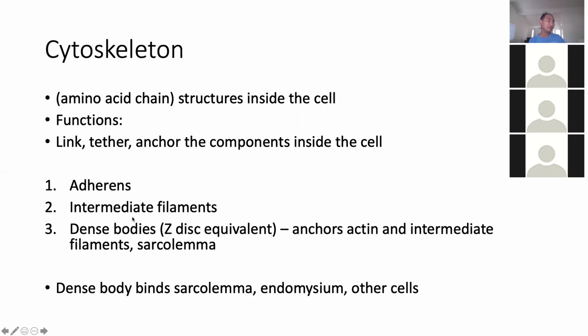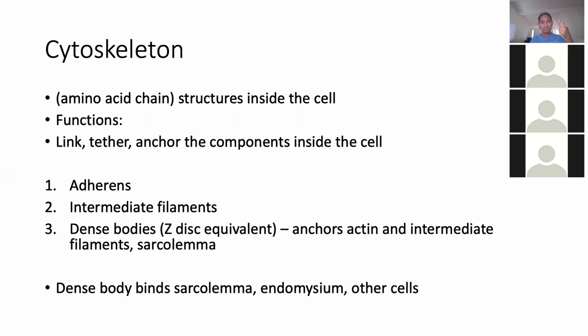What are they? They are adherens junctions, intermediate filaments, which we saw, and dense bodies, which we saw. What is adherens? It will adhere to other smooth muscle cells or smooth muscle fibers. So cytoskeletons are made of amino acid chains.